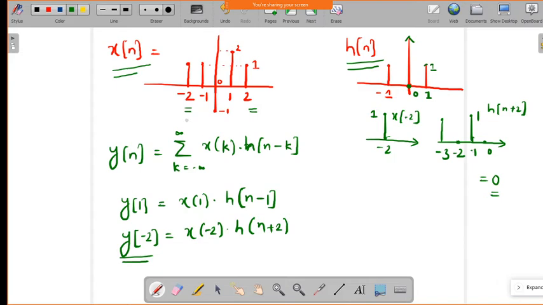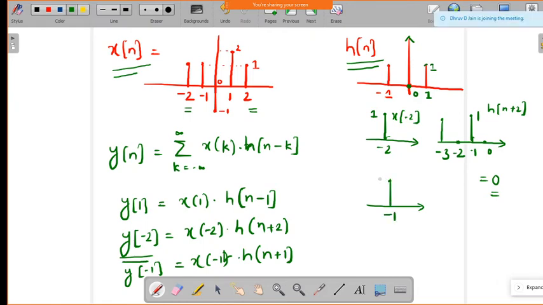So now y of minus 1, what will you get? y of minus 1 is equal to x of minus 1 into h of n plus 1. So now shift the input signal by 1 unit to the left. What will you get? x of minus 1 is at minus 1, and it has amplitude 1.